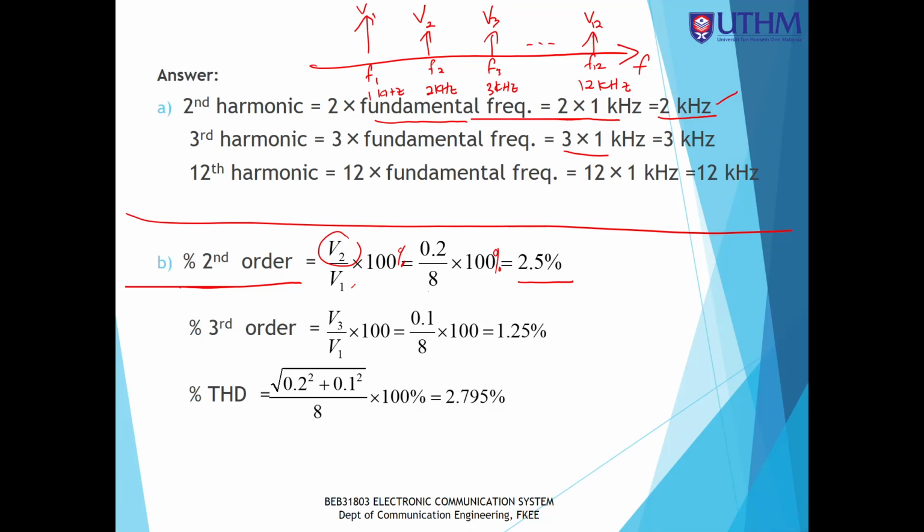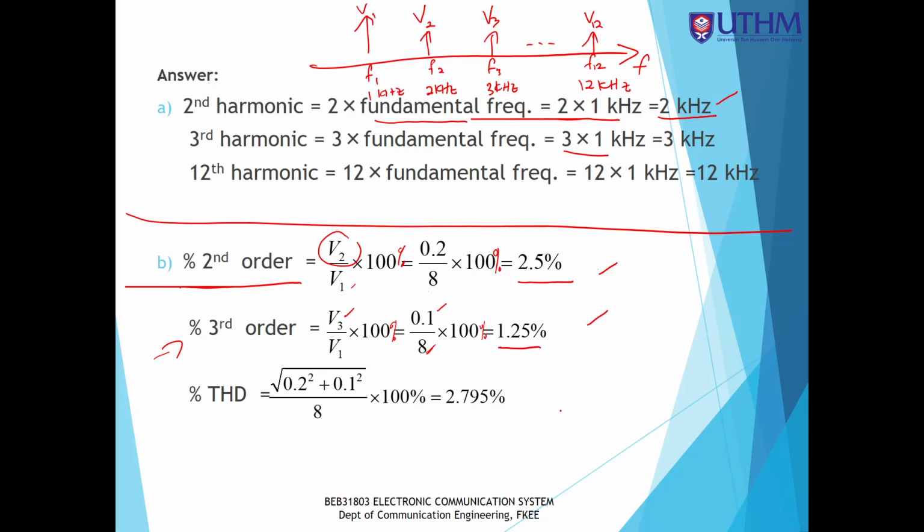Third order harmonic distortion is V3 divided by V1 multiplied by 100%, so 0.1 volt RMS divided by 8 volt of fundamental multiplied by 100%. You get 1.25%. So you get the percent of second order and percent of third order.